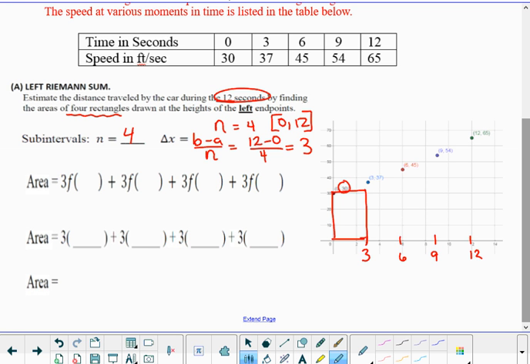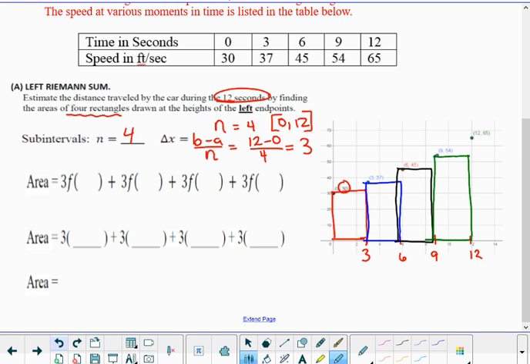The next rectangle, I'm going to change ink colors, will be determined by the left-hand height. Sorry, my board is just not aligned real great. I'll do my best to accommodate and adjust. There's my next one. Let's draw in the one at a height of 37. I see there's 6 and 45. There we go. And then back to 9, goes up to a height of 54.